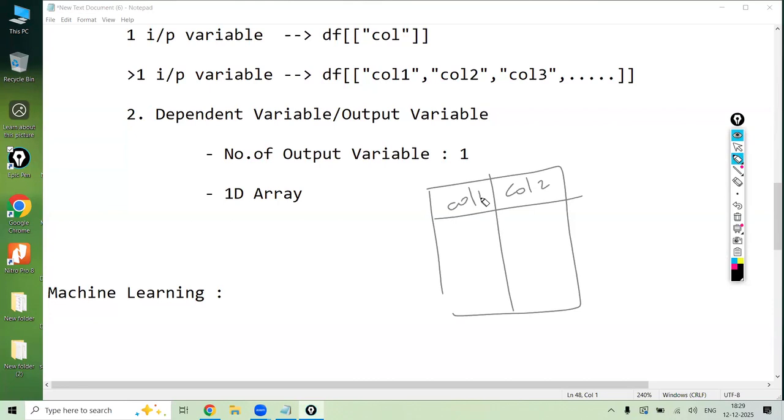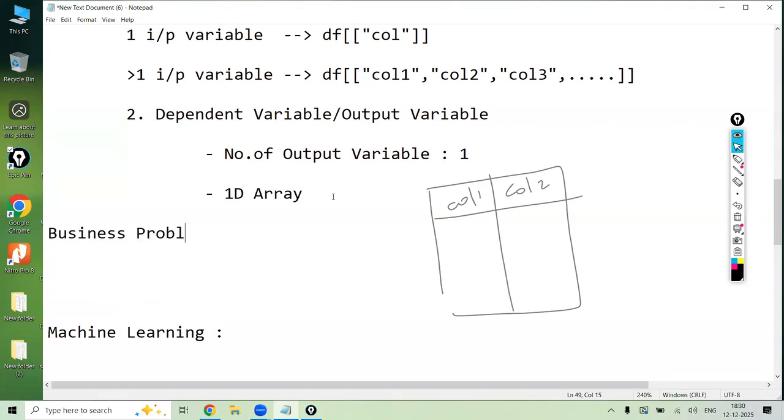Now, first, how to understand whether the given data consists of input and output variables or not. How to know this? First we should know the business problem.